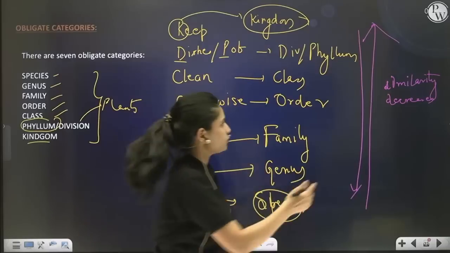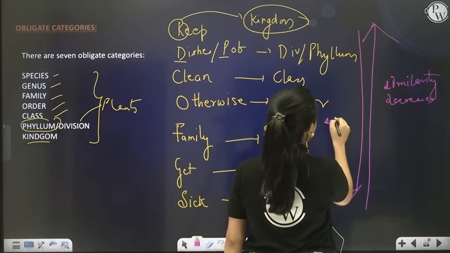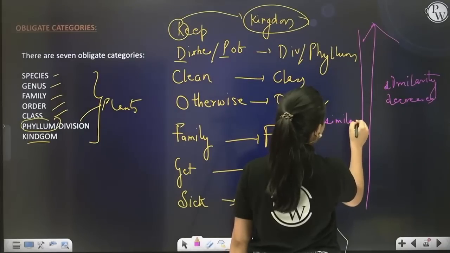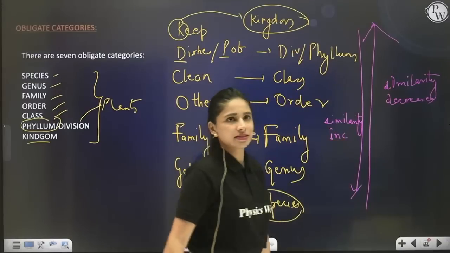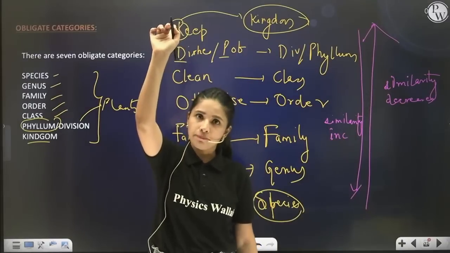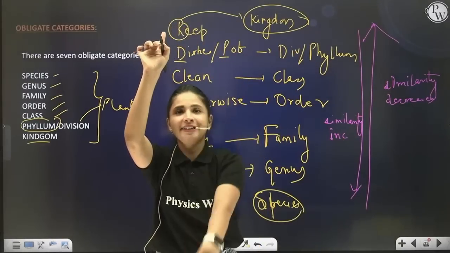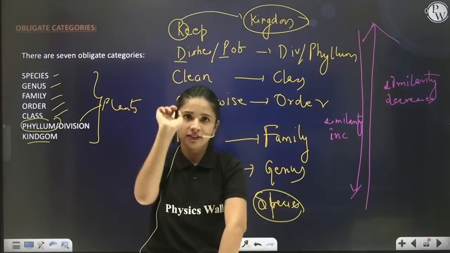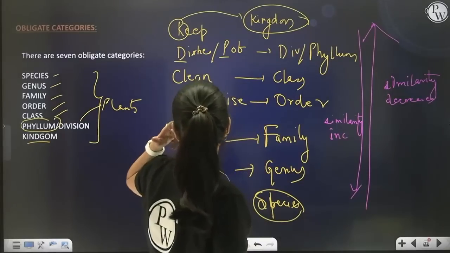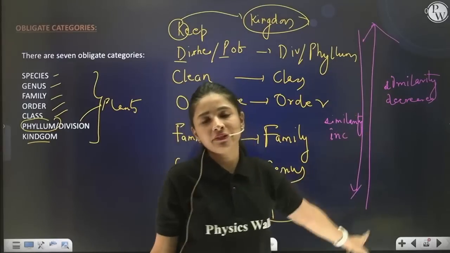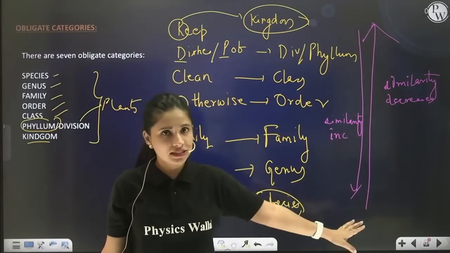Vice versa will work. So you can write on this side that similarity increases. Upward decreases, downward increases. Will you remember this thing? Very good. Clap for you. Right. So these, my children, are the 7 obligate categories. I hope this thing is clear.